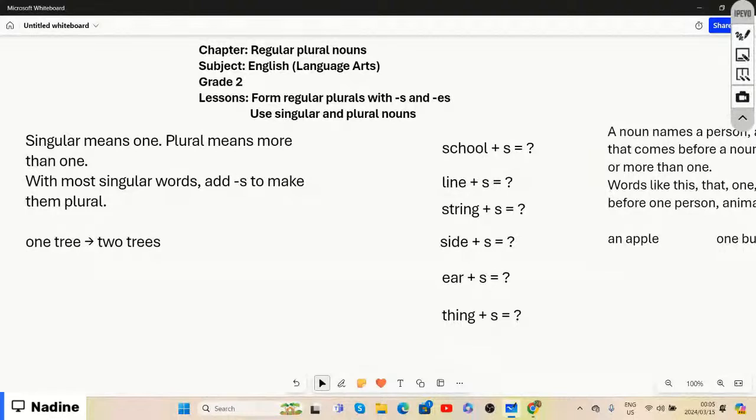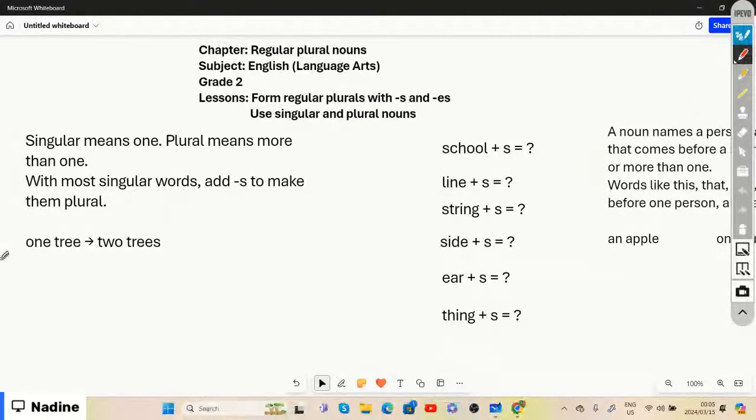For example, one tree is singular, and then we have two trees, which is plural.